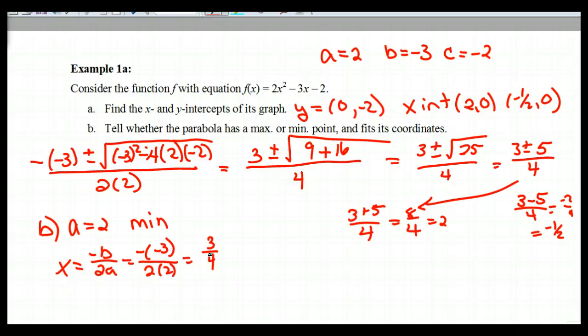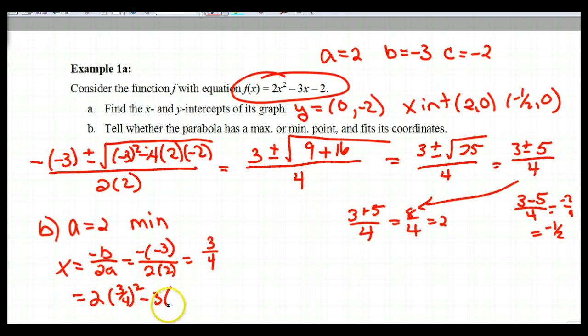Once we have that, we need to plug that back into our original so that we can find the y coordinate of the vertex. Okay, so we are going to take this original right here. It'll be 2 times 3/4 squared minus 3 times 3/4 minus 2.